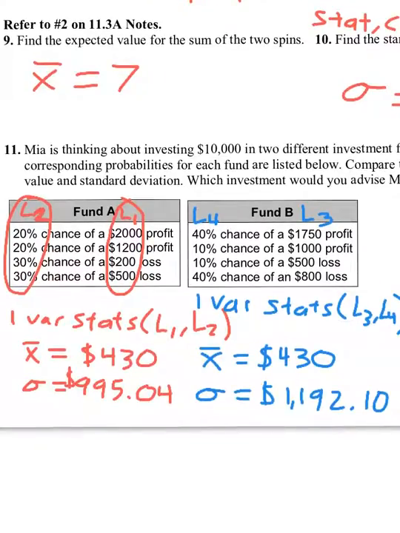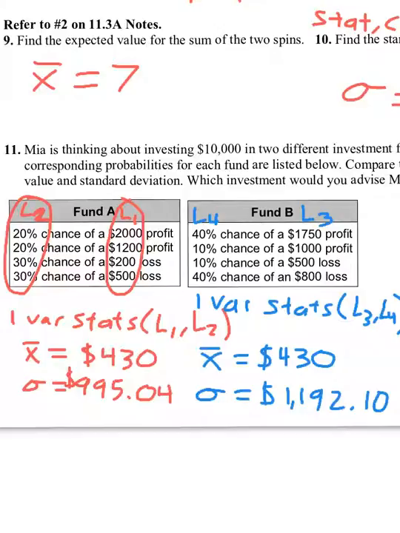Okay, when making financial decisions, you probably want to choose the option that has the higher average value. In this problem, both investments have the same expected value, so we should then look at the standard deviation to make our decision.